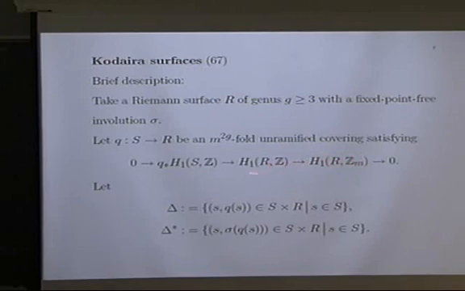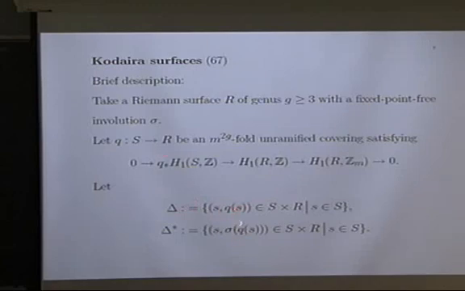Then on this S, you look at the product S cross R, and the graph of this map Q. This is a one-dimensional subvariety in S cross R, the graph of the map Q, which I'll call delta.